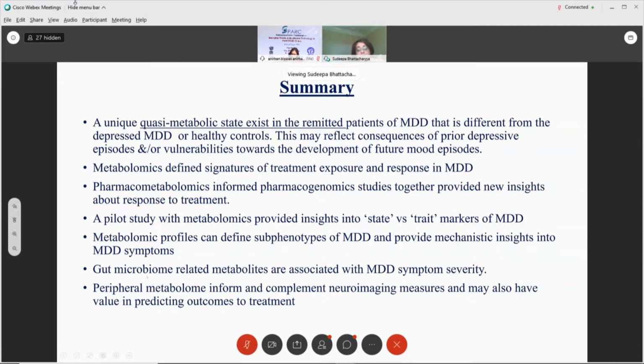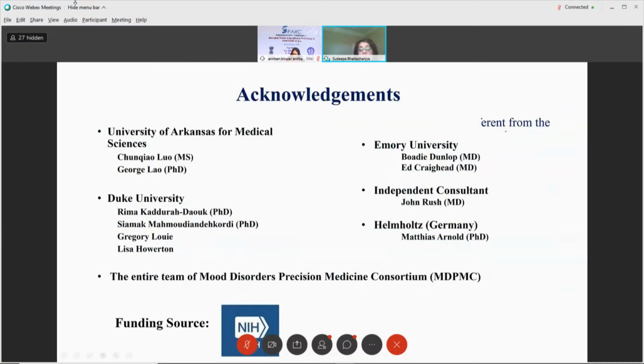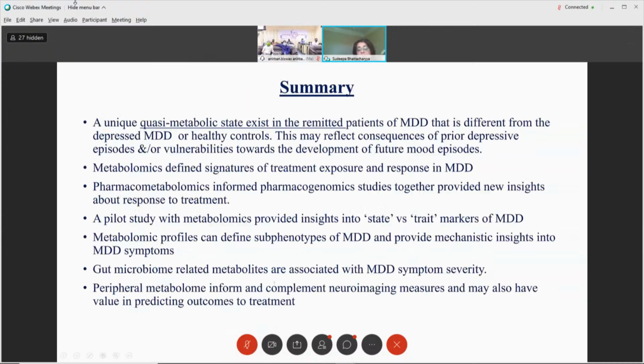And gut microbiome, I could not present the gut microbiome related data, but we are also seeing gut microbiome related metabolites associated with the symptom severity, various symptoms of MDD. We are very excited about this prospect. And so the peripheral metabolome informs and complements our neuroimaging measures and may also have value in predicting outcomes to treatment.